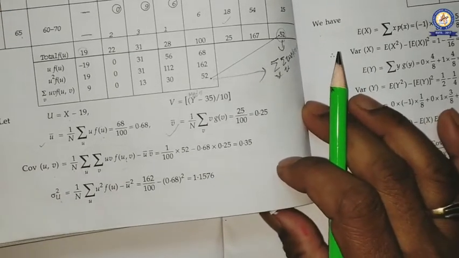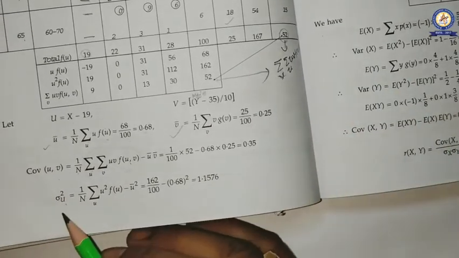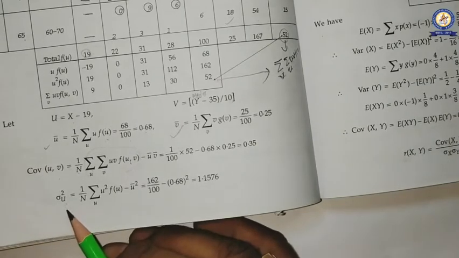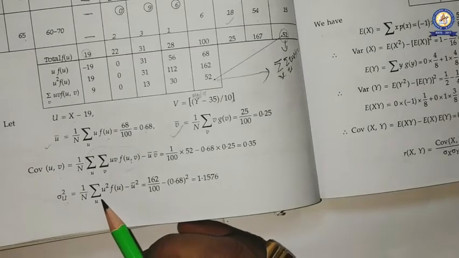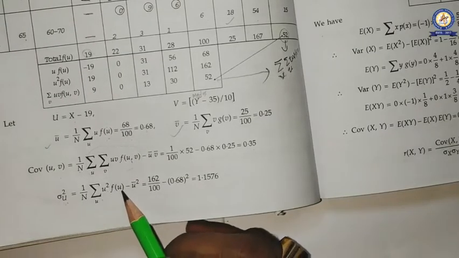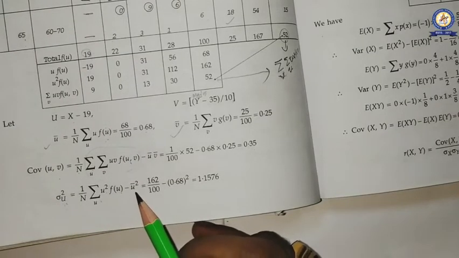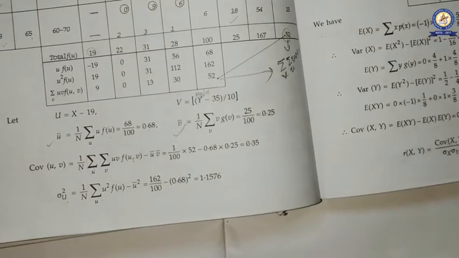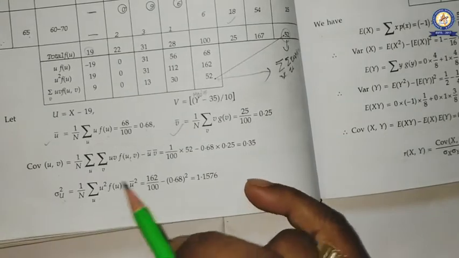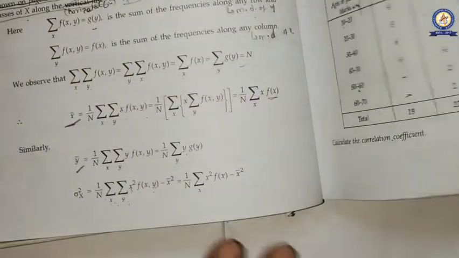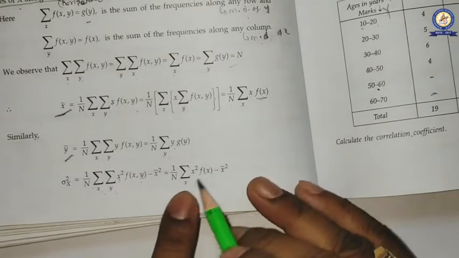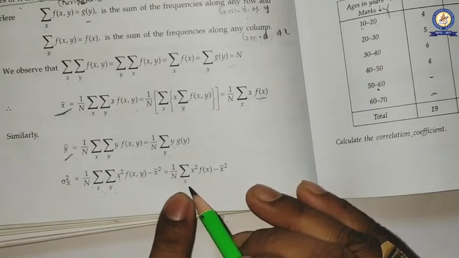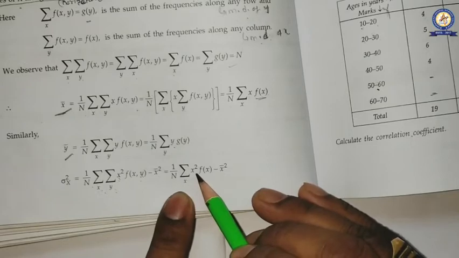Now we are going to go for the variance of u. Variance of u is nothing but sigma u square equal to 1 by n, sum of u square f(u) minus mean u square, right? These things we already discussed in our last class. If we consider the variance of x, it will be 1 by n summation of x square f(x) minus x mean square.